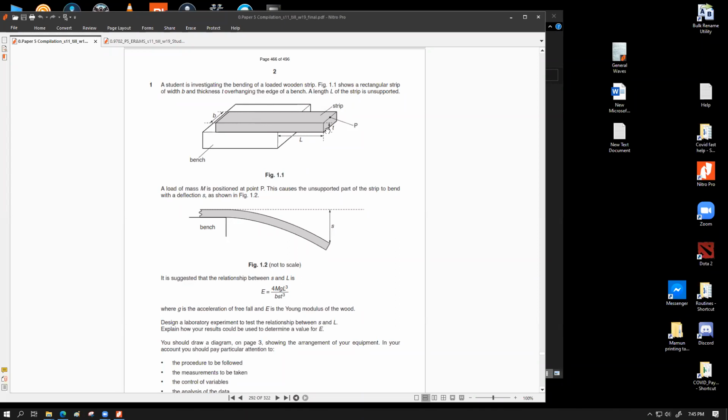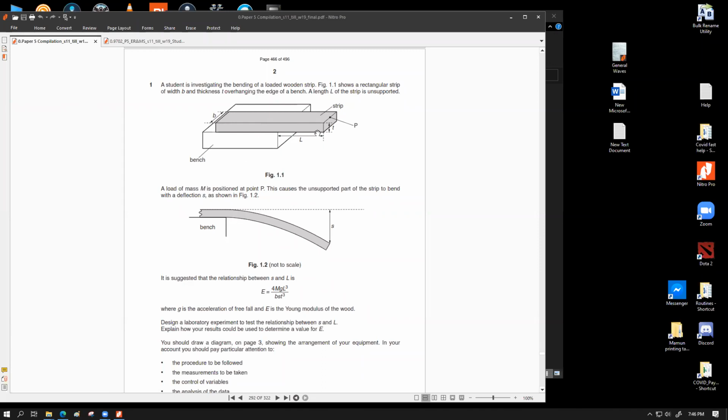So this wooden plank should not be so thick that it does not give any deflection at all. For example, this can be made out of some sort of plywood, a long section of plywood, which should have enough elasticity. And then again, this should not be so thin that it breaks under the effect of certain load. And obviously and necessarily, this wooden plank should not undergo plastic deformation while taking some reading.